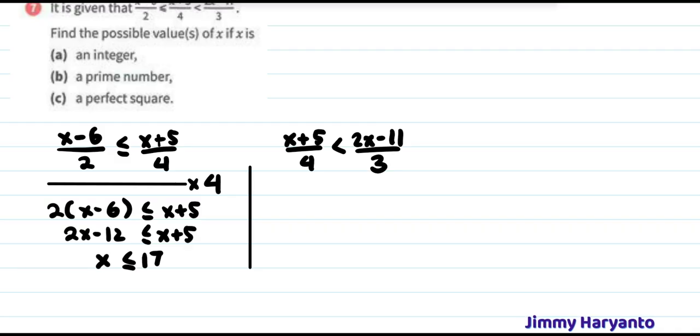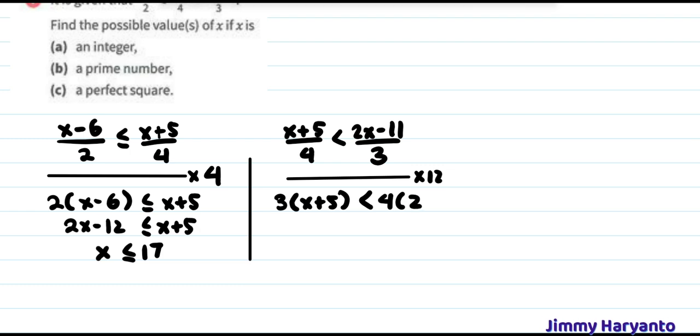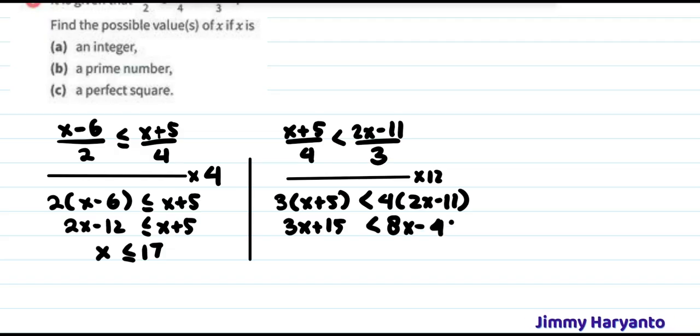Okay, the next one is this one. I will multiply them all by 12. 12 divided by 4 equals 3, times x plus 5, less than 12 divided by 3 equals 4, times 2x minus 11. And then this one is 3x plus 15 less than 8x minus 44.